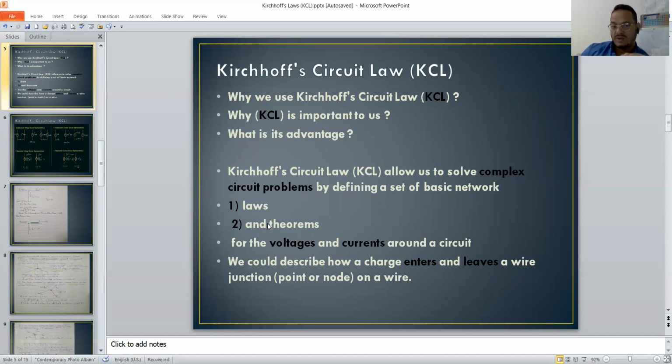Like I said before, we have 3 theorems. I will explain all of them at the next slides for the voltage and current around a closed circuit. And at the same time, by using the KCL law, we could describe how a charge enters and leaves a wire junction.